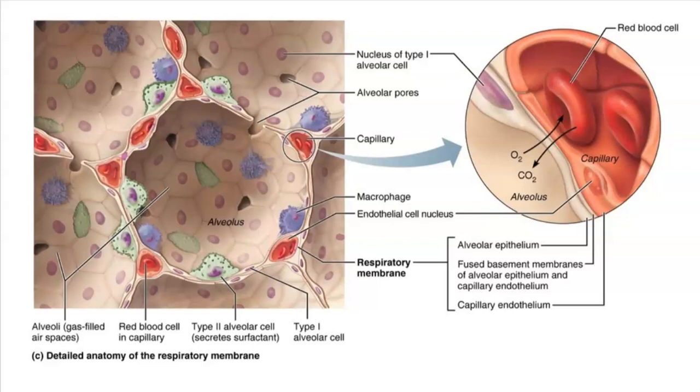We also see that the alveoli are composed of small populations of what are called type 2 alveolar cells. These are not as common as the type 1 alveolar cells because the type 2 alveolar cells have a different function. They function to secrete a substance called surfactant, and surfactant is a detergent-like compound that helps to reduce the surface tension of water in the alveoli, which helps to keep the alveoli inflated.